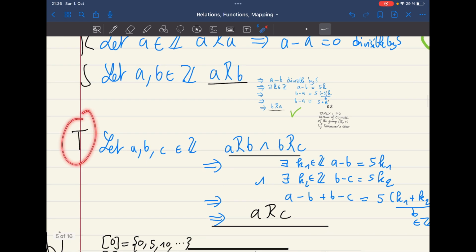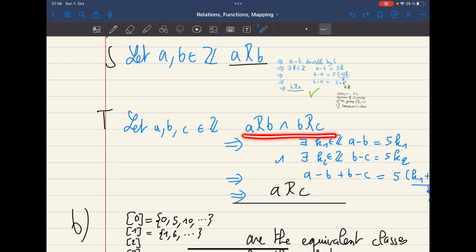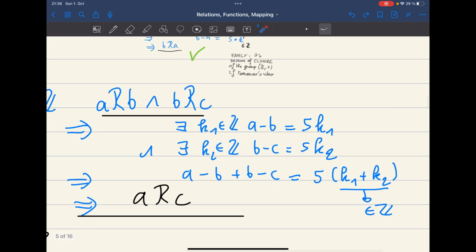Now the transitivity. Let A, B, C be integers. In German you can say seien A, B, C ganze Zahlen. Then we want from this to get this. This is the definition of transitivity. How do we get there? We use the divisible definition for A minus B and B minus C, because A is in relation to B, so A minus B is divisible by 5, so there is such a k1 verifying that. There is the same thing for B minus C, so there is a k2 verifying that.